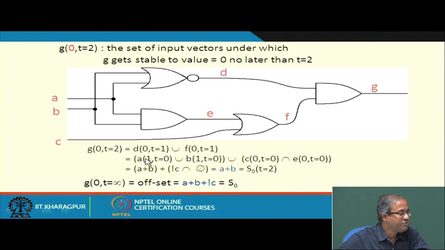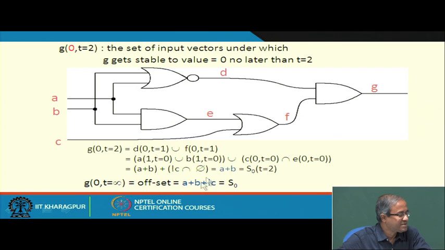So, A is 1, you write down, this means at time t equal to 0, A equal to 1, that means A, OR means plus, this is B, C 0 t 0 is C bar, intersection phi, this becomes 0, only A plus B. But the offset G 0 t equal to infinity, already calculated, should be A plus B plus not C.